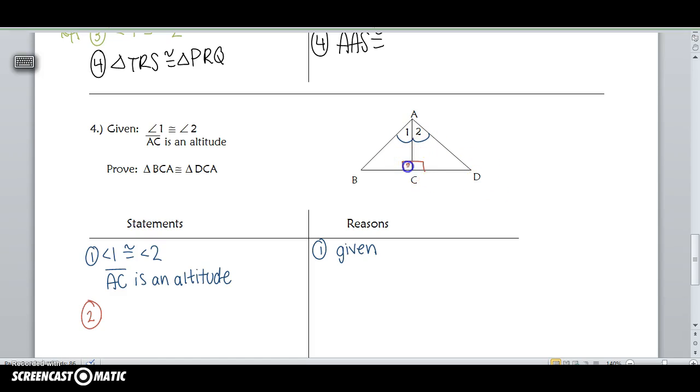Because we can also use letters or numbers to describe these angles, I'm going to label them as 3 and 4. So my next step is just going to be that angle 3 and angle 4 are right angles, because we have to go from altitude to right. So if altitude, then form right angles.